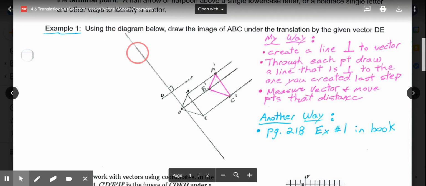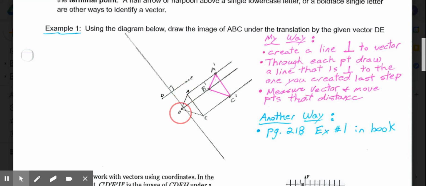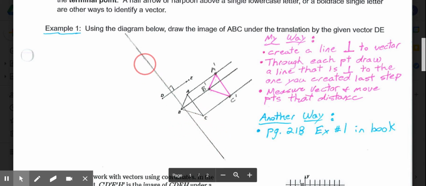So once we've drawn the perpendicular line to the vector, through each of our points, we're going to draw a line that is perpendicular to the one we just created. So now with this line that I just drew, I want to draw lines through points A, B, and C that are all perpendicular to this line, so that they all cross it at 90 degrees.